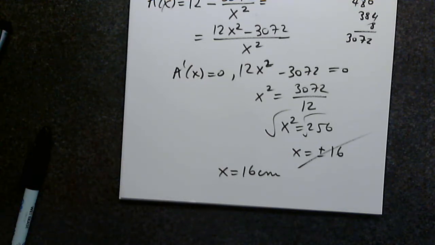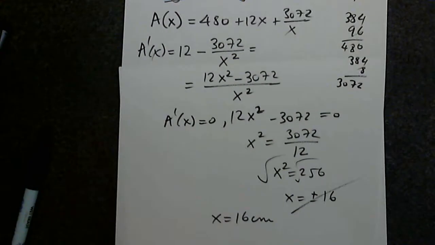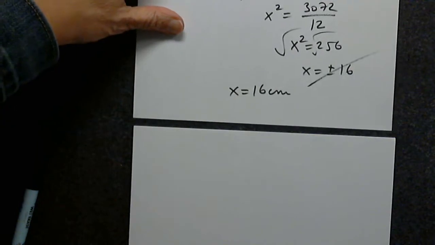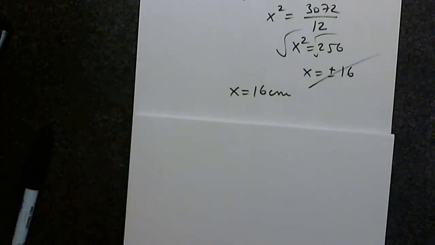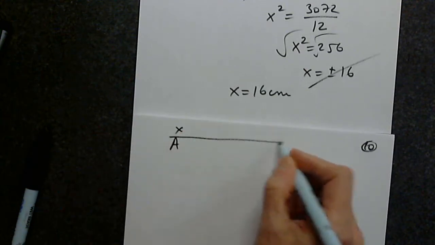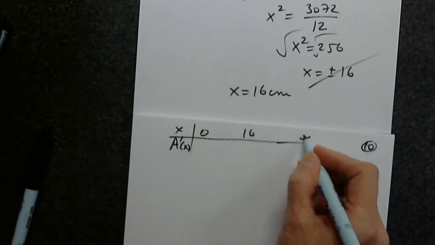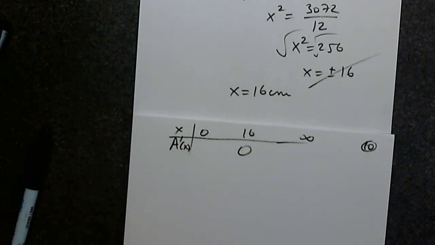Okay, so now we have to be certain what this will give. The problem was asking us to find the dimensions of the poster with the smallest area. So we cannot guarantee that this will give a minimum. We don't have any clue.